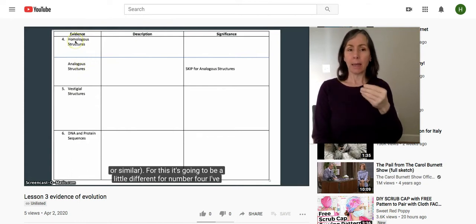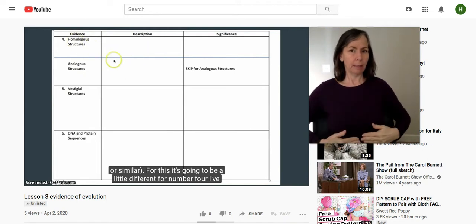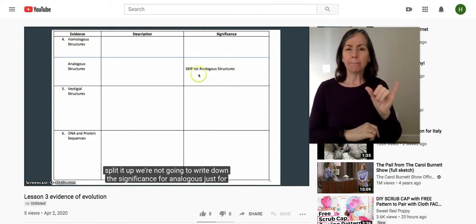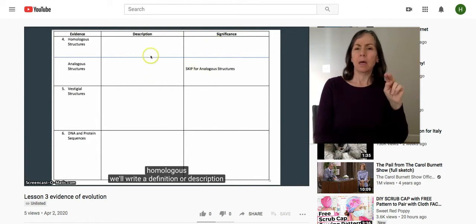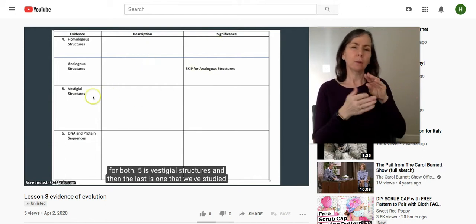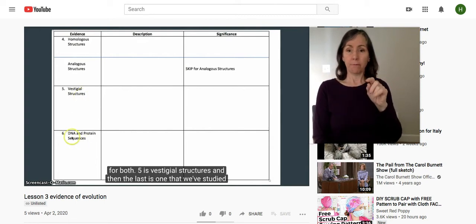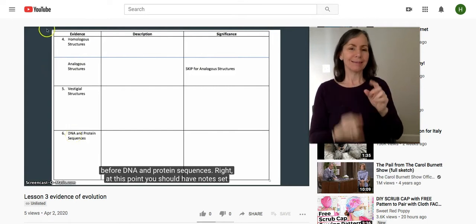Homo means same or similar. For this, it's going to be a little different. For number 4, I've split it up. We're not going to write down the significance for analogous, just for homologous, but we'll write a definition or description for both. 5 is vestigial structures, and then the last is one that we've studied before: DNA and protein sequences.